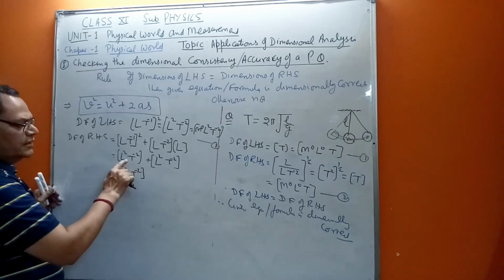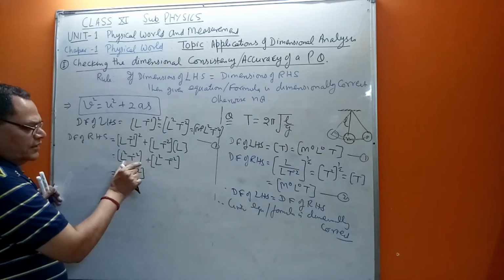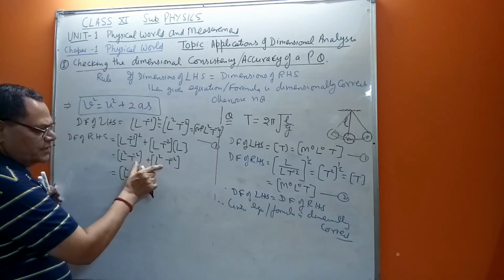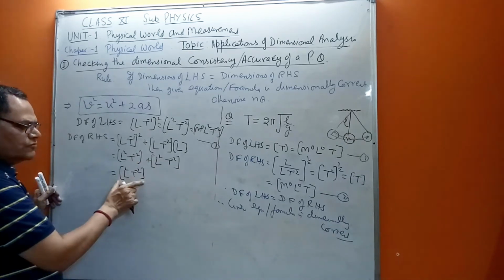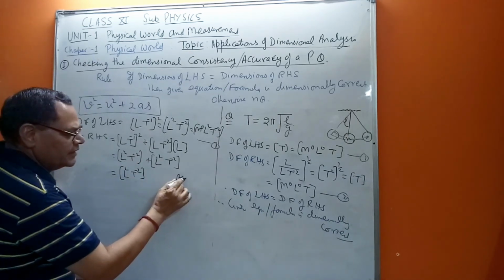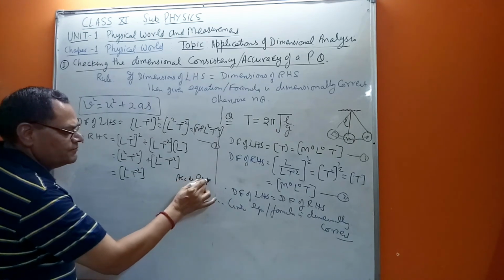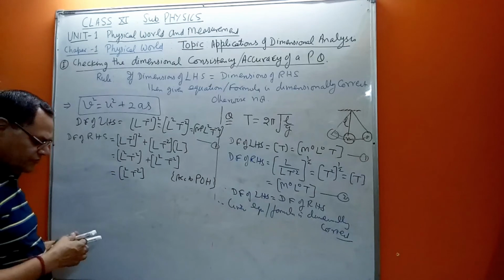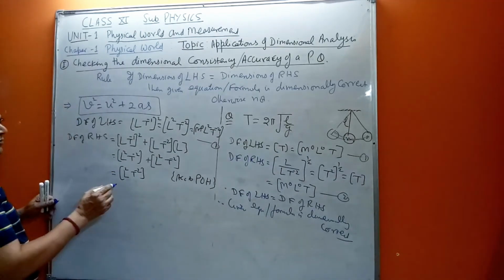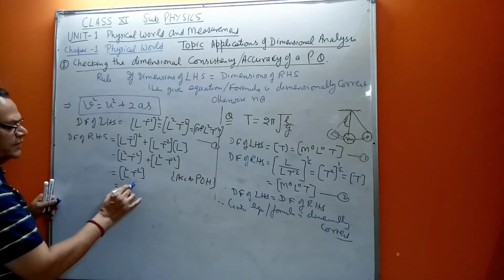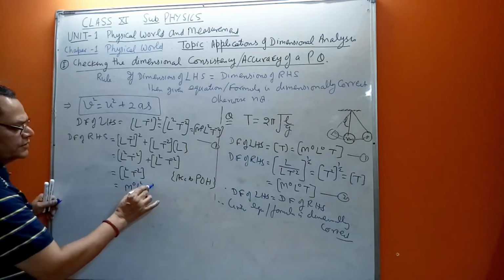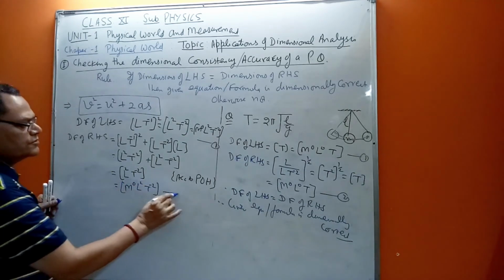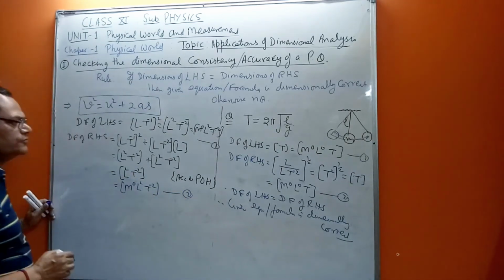As and when you write the summation or subtraction of two such similar quantities as 1, please write it in brackets according to the principle of homogeneity, for the knowledge of the examiner. Fine. So in ideal form this will become M0 L square T minus 2. We can put it as number 2.